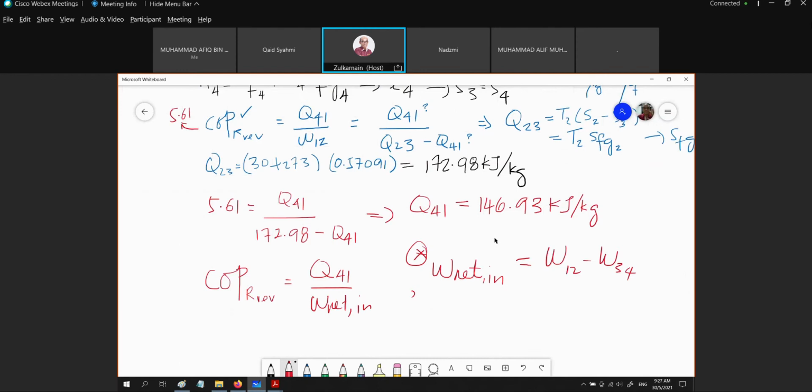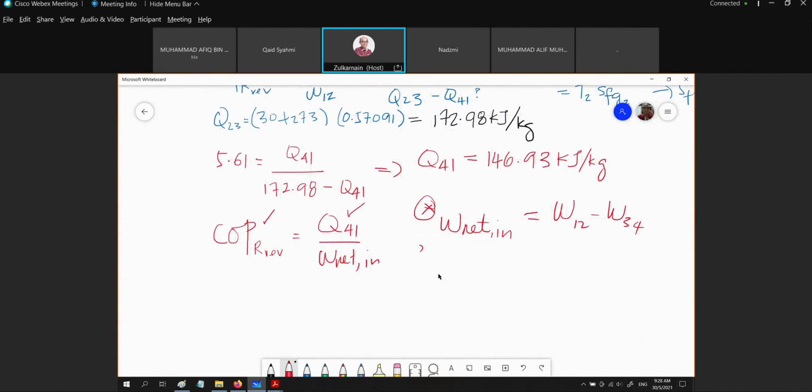But if we want to get it from the W, it's quite tedious because we need to get all the X values of 3 and also of 4 and also of 1. So it's quite tedious and lengthy. So we just use this formula, because we have solved for this value, then we are going to get the W net in.